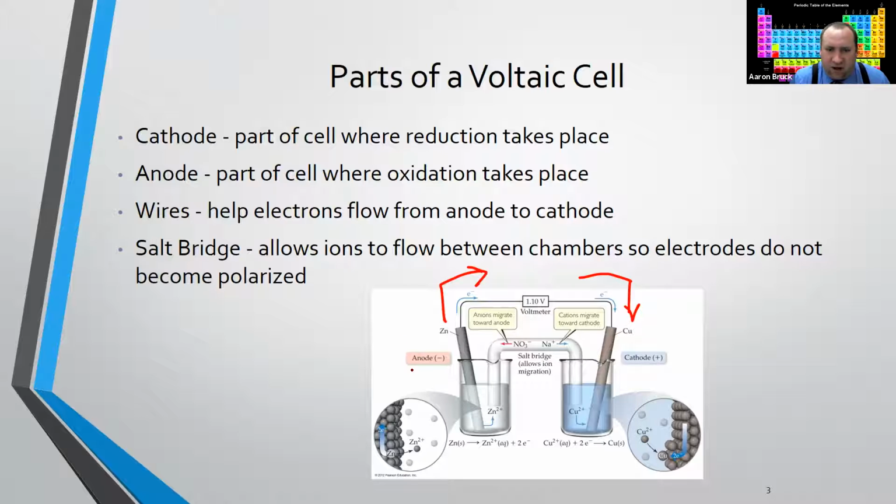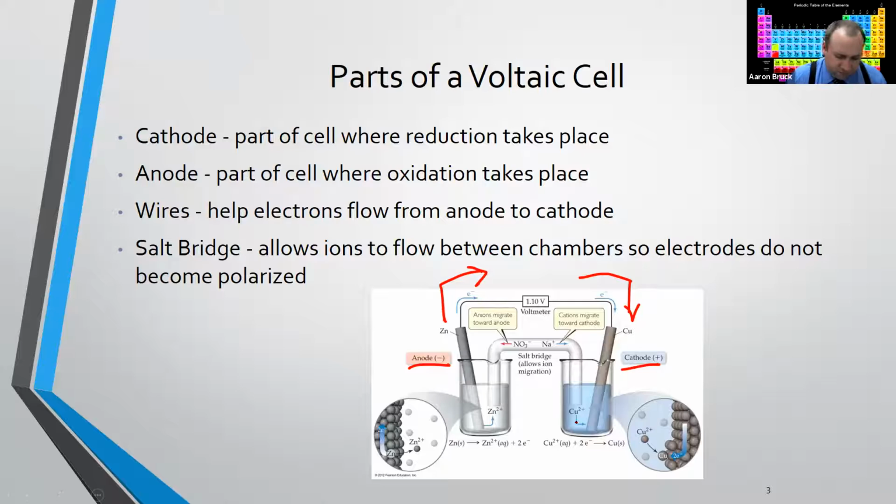That makes this part the anode because the electrons are flowing out of it. The zinc is being oxidized in the process. And that makes the copper cell the cathode because the electrons are flowing into the copper, and copper 2+ is turning into copper metal as a result.